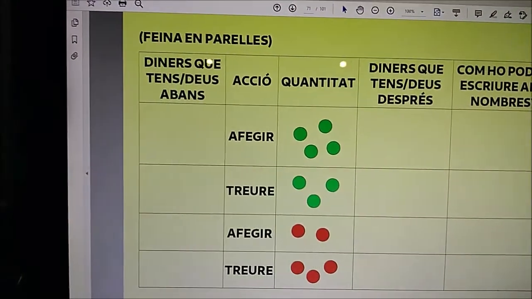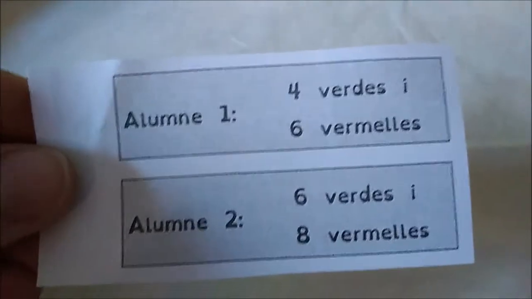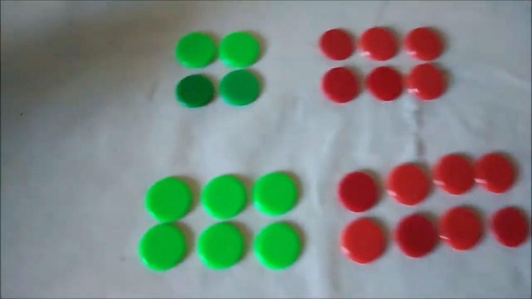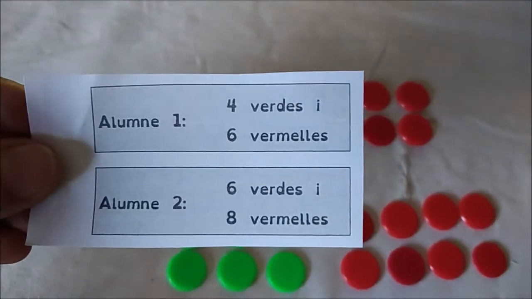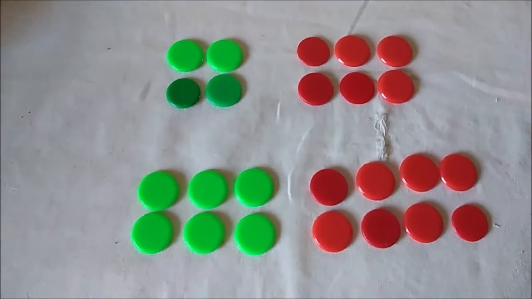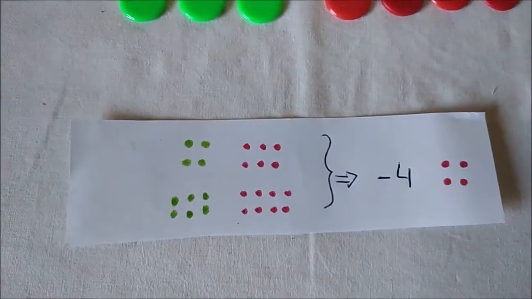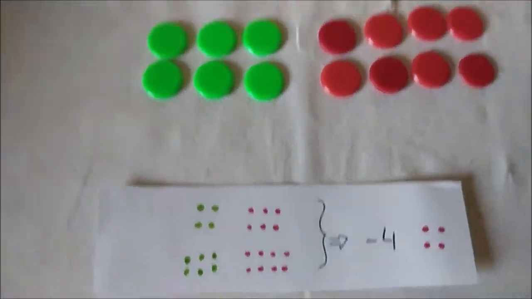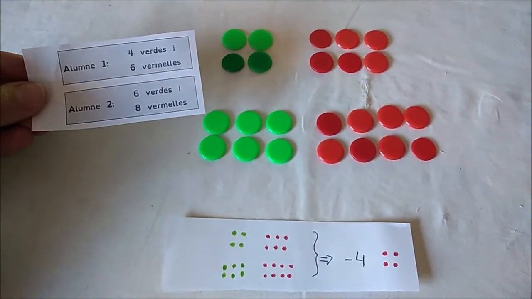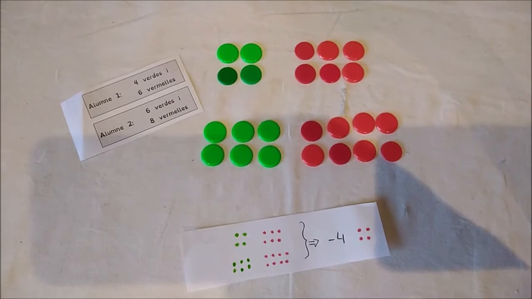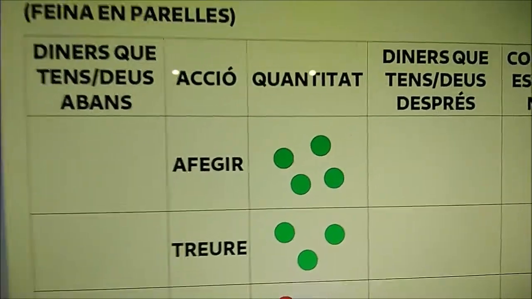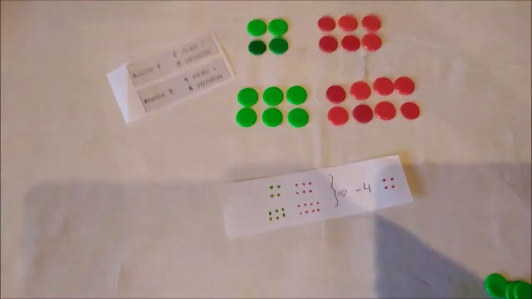To make this exercise, we go back to your work in pairs. This is represented with this, and in your papers, it could look like this. The instruction says we have to add 4 positive chips.